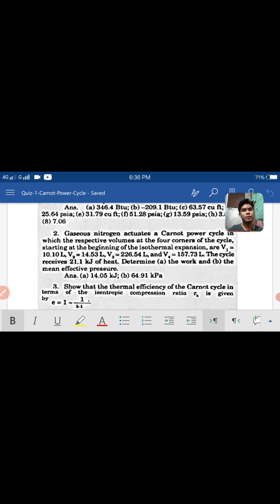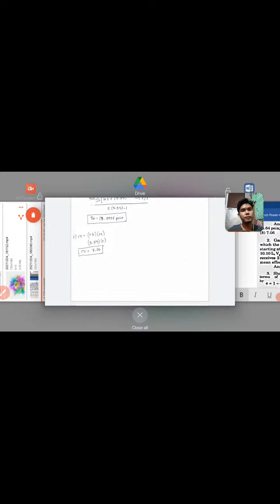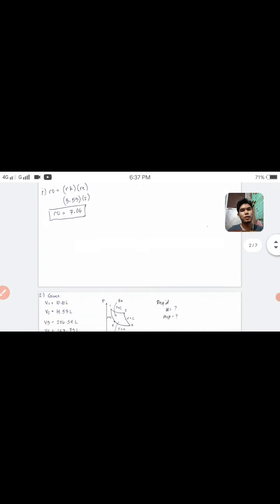The cycle receives 21.1 kilojoules of heat. Let's determine the work and the mean effective pressure. So let's go to my solution.